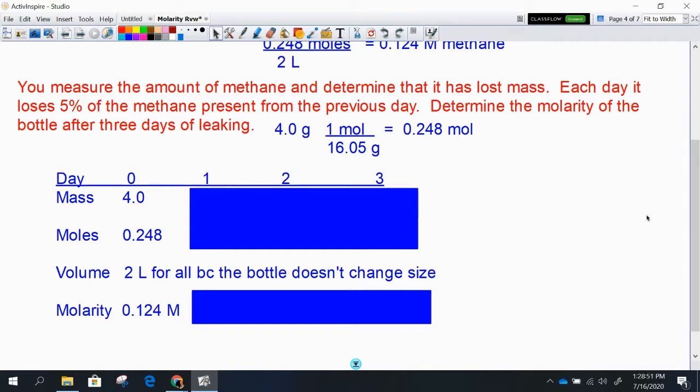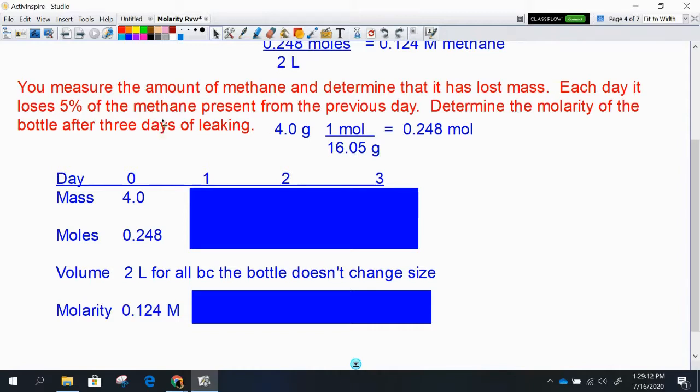So the volume of the container is not changing, but how much is in the container. So you measure the amount of methane and determine its lost mass. Each day it loses 5% of the methane present from the previous day. Determine the molarity of the bottle after 3 days.